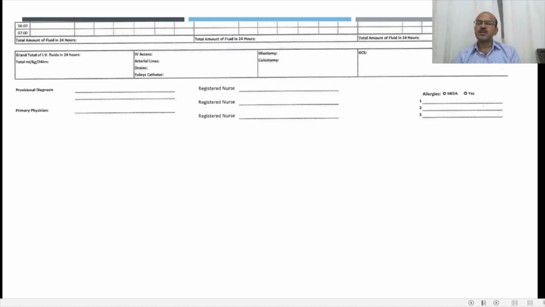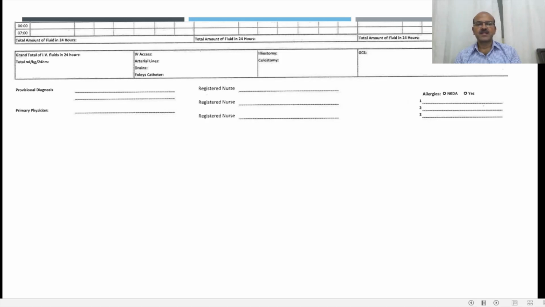So at the bottom of the page we have the grand total of IV fluids in ml per kilo per 24 hours as well, and again a review of the output and the intake from the IV access, then any output from the drain, Foley catheter if a urinary catheter is there, ileostomy, colostomy if they are applicable, and GCS only if there is any concern.